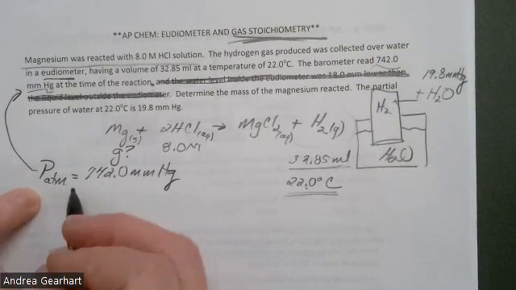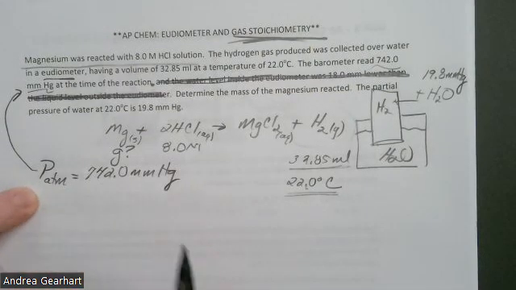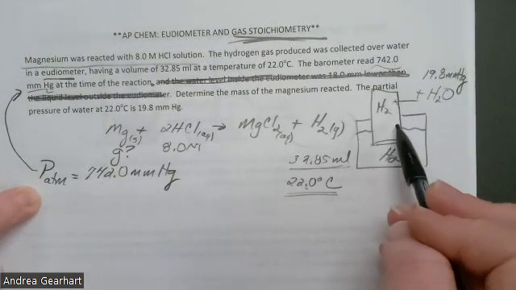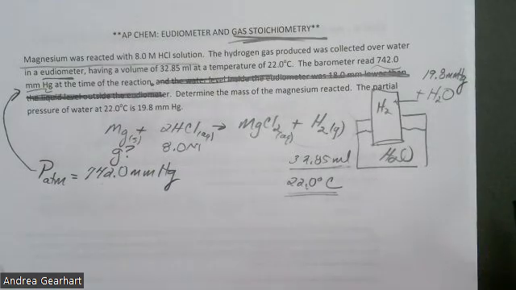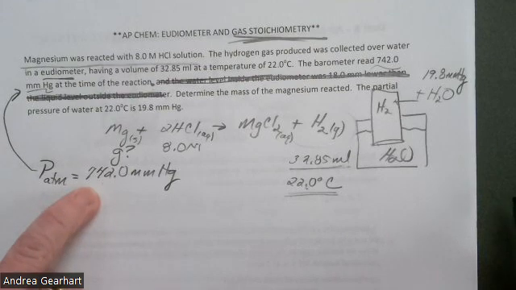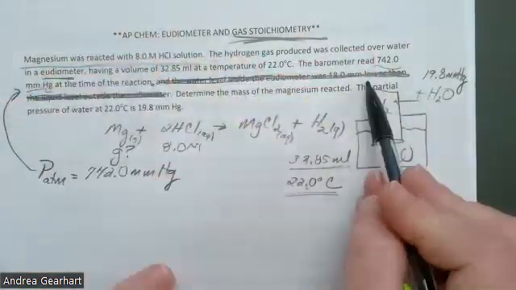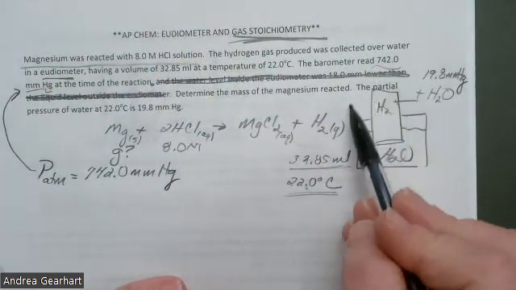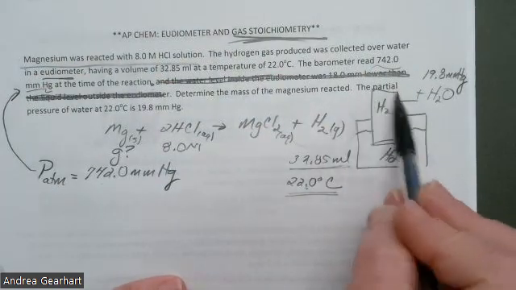So pressure of the atmosphere, where's the pressure of the atmosphere? I'm talking about the pressure of the hydrogen and water. Why? You're right. But isn't the atmosphere exerting pressure on the outside? I'm trying to get the inside.